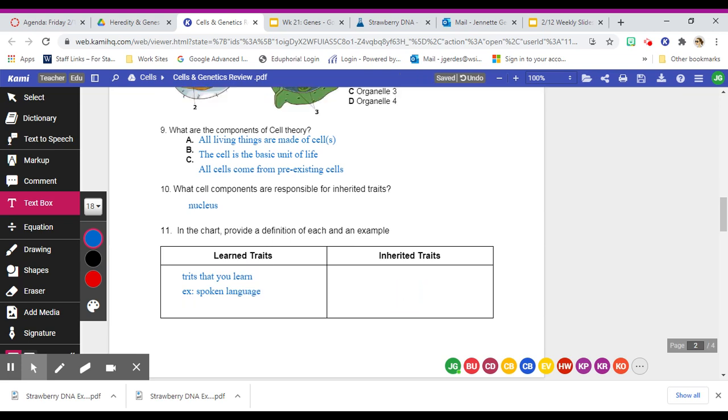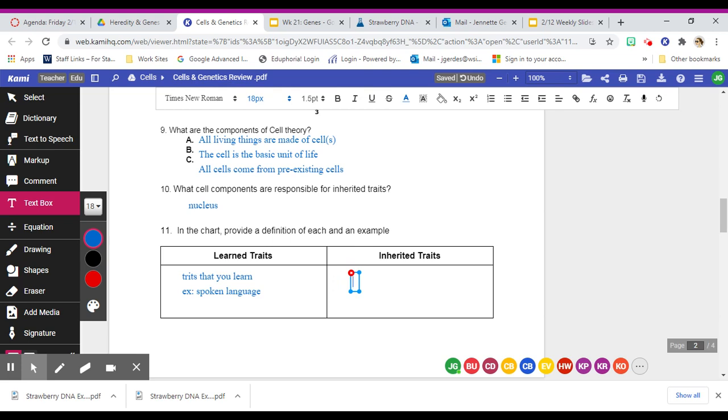All right, and then the next one for inherited traits, these are the things that you get from your parents. So this is the genes, traits, characteristics on your DNA.